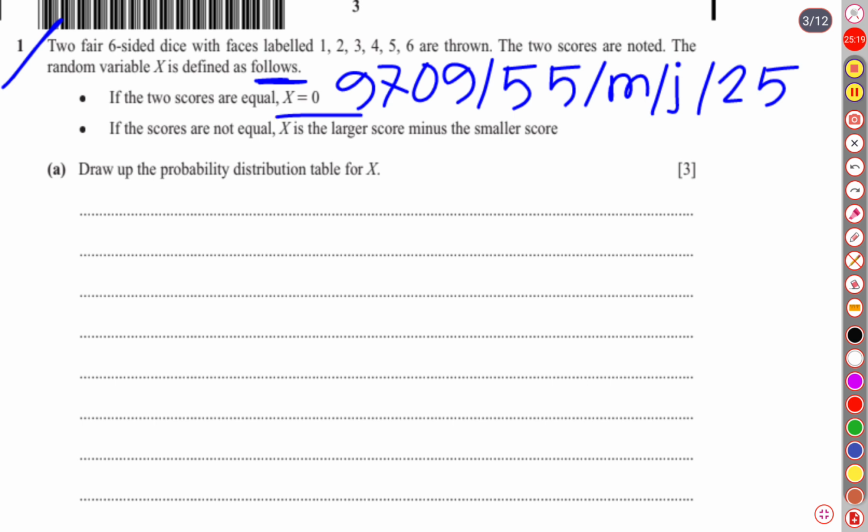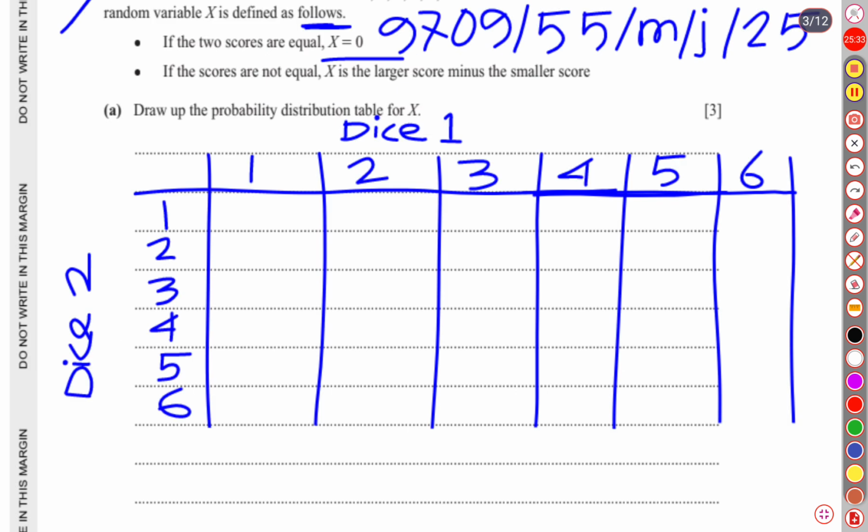Okay. So as both of the dice are fair, we will first of all draw the scenario. So this is the table where we can prepare the possible cases. If the both scores are same, then it is 0.